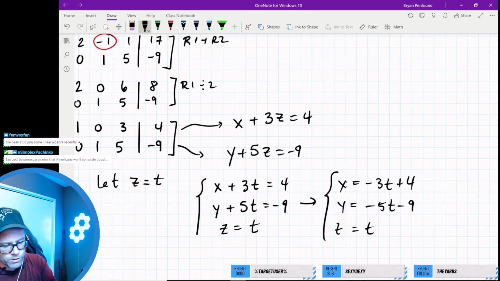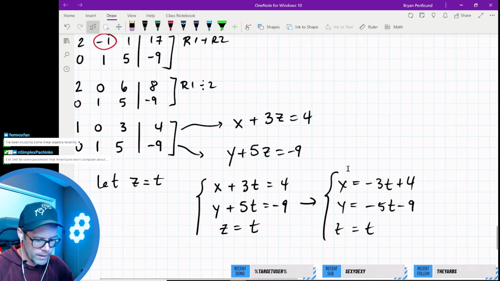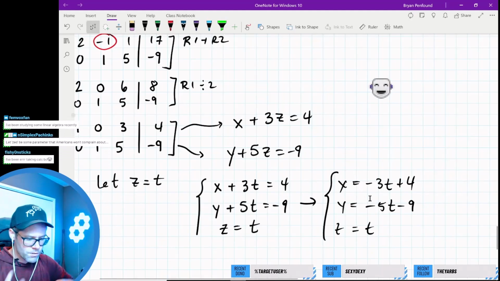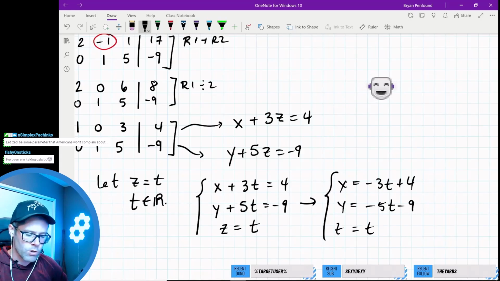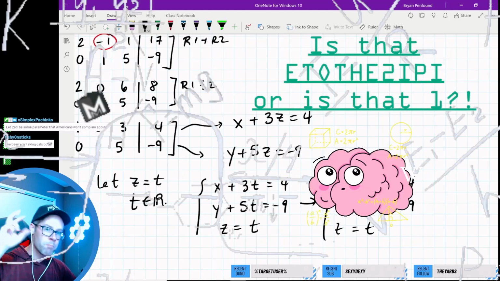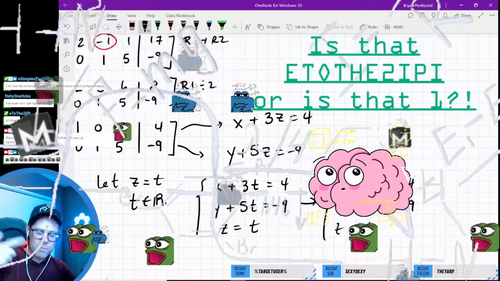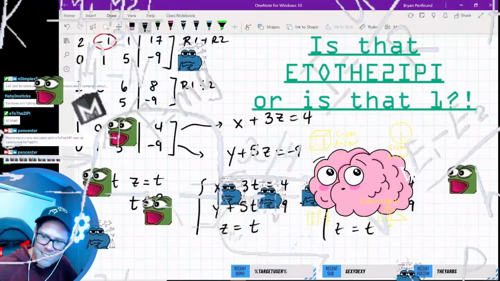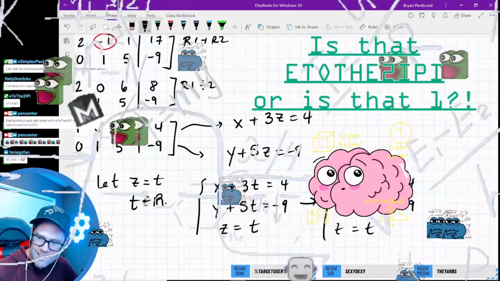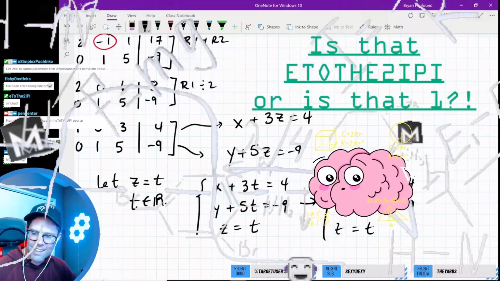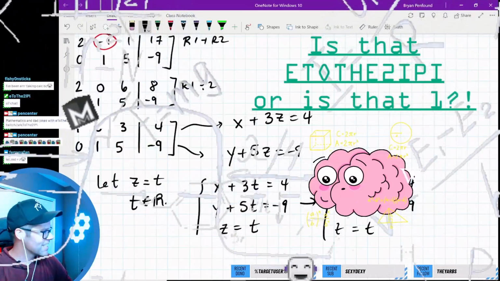So this should be our full solution set parametrized, and for us t is any real number. t is just a parameter, and if I pick a value of t, it gives me some information about x, y, and z. Let z equal z.